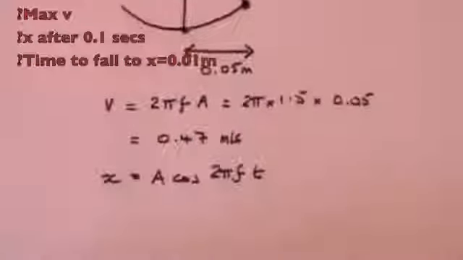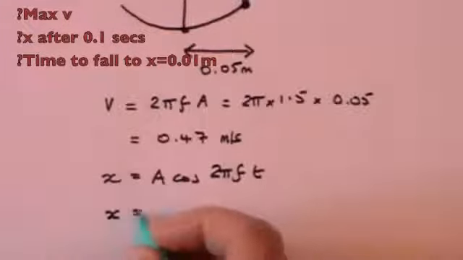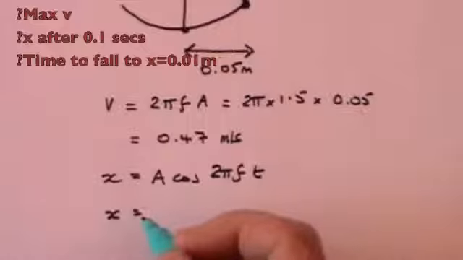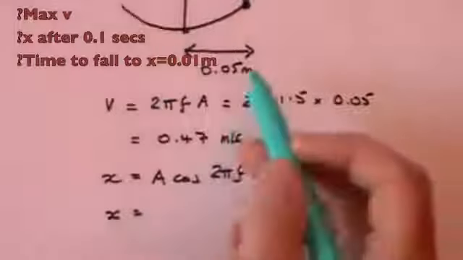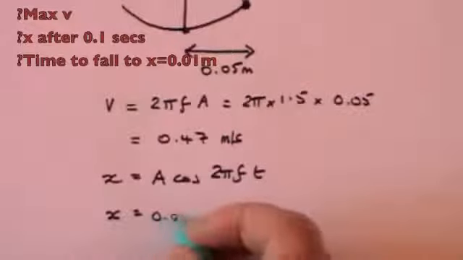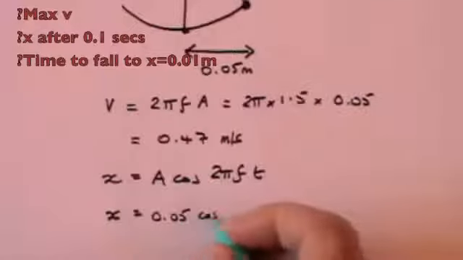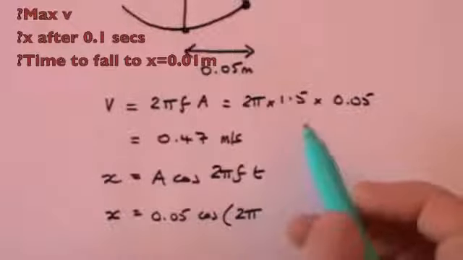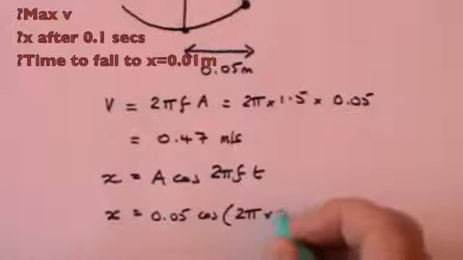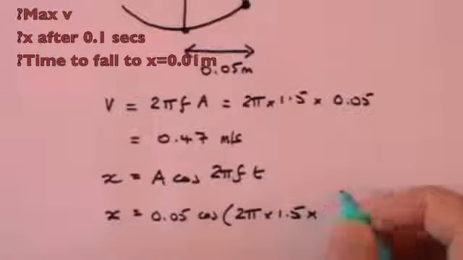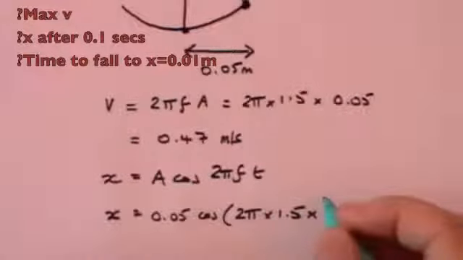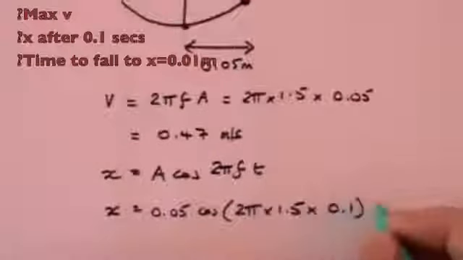If we had started the clock at the midpoint, then you would use a sine term rather than a cosine term. So once again, the displacement will be x, that's what we're trying to find, equal to the maximum displacement, which we were told was 0.05, times the cosine of 2 pi times the frequency, which was 1.5, times the time, which we were asked was 0.1.